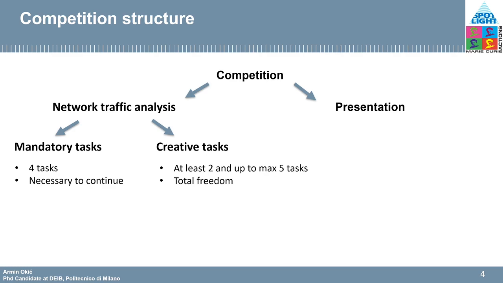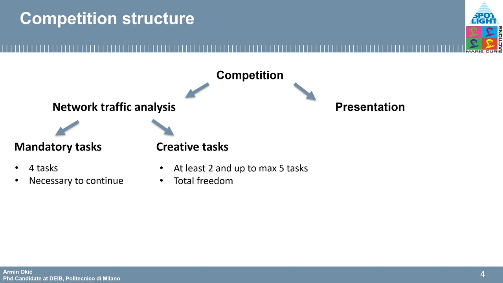The second phase of the competition is the creative phase, where you need to do 2 up to 5 tasks, and each of these tasks is to create some statistic. How to choose this statistic is up to you.